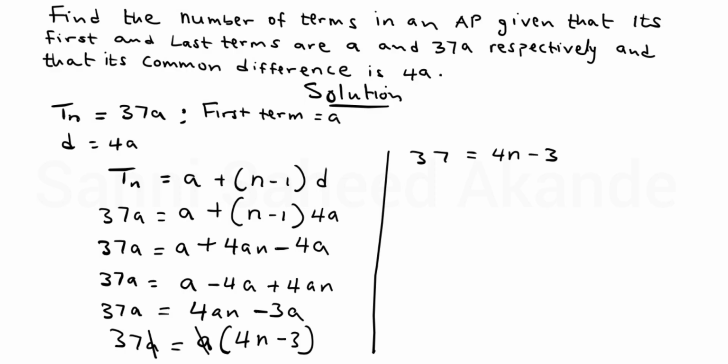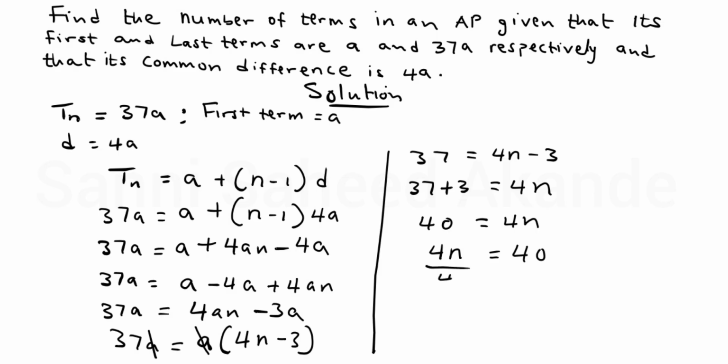Okay, if you collect the like terms, we have 37. This minus 3 comes to the left hand side, it becomes plus 3, then equal to 4n. 37 plus 3 will give us 40, then equal to 4n, where you can rewrite it as 4n equal to 40. So divide both sides by 4.